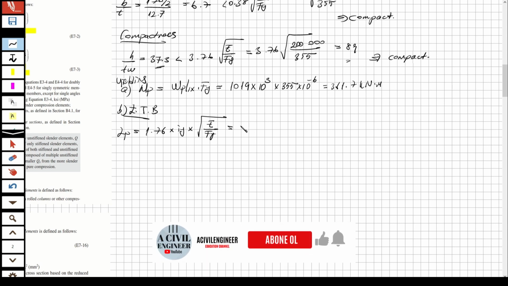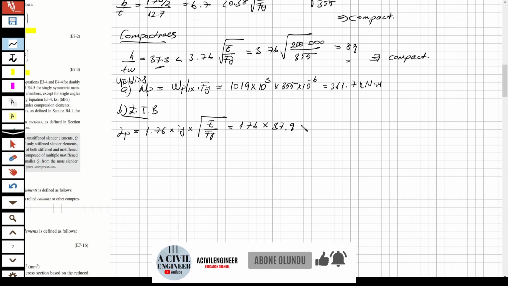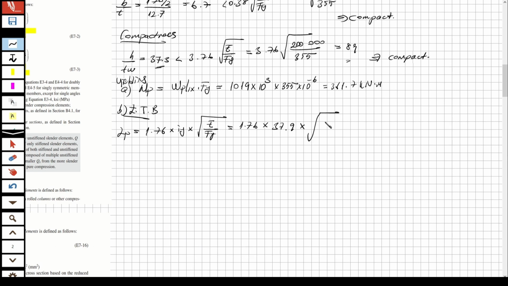So this is 1.76 multiplied by 37.9, multiplied by the square root of 200,000 over 355, and this is going to be equal to 1583 millimeter. So now we got the Lp.